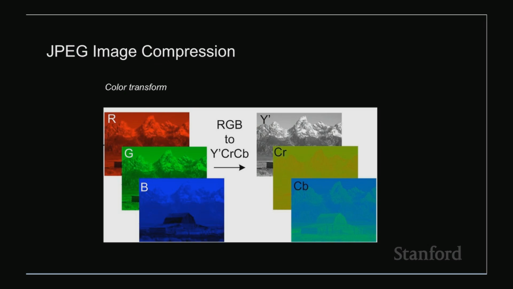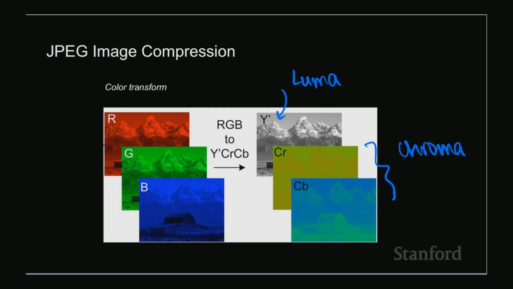The main idea really is you can use one channel to store the average values, which captures the structure. And then you can use the other 2 channels, which are also called chroma channels. Your Y is also called the luma channel sometimes, and your CrCb are called chroma channels. Chroma just means color, right?